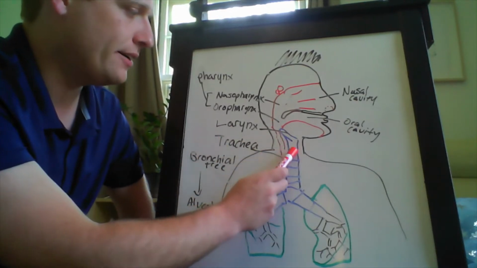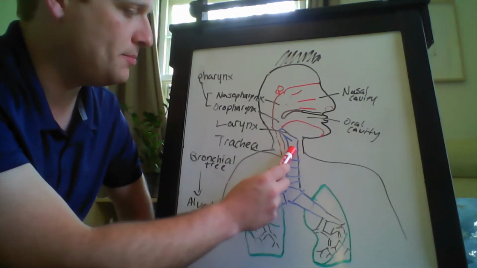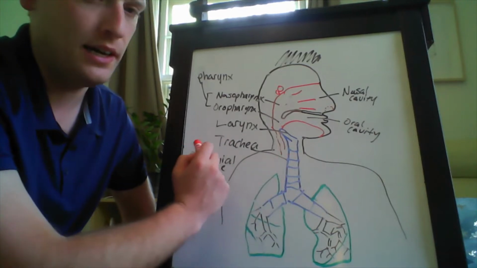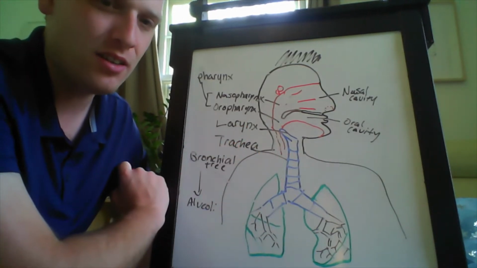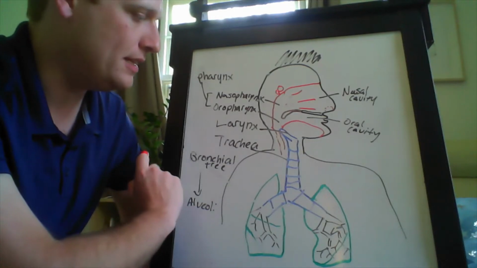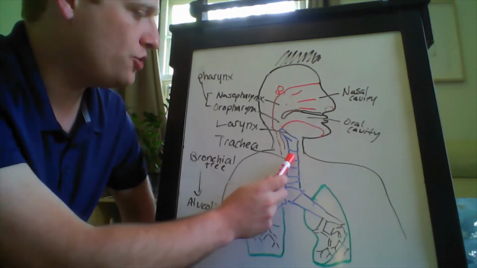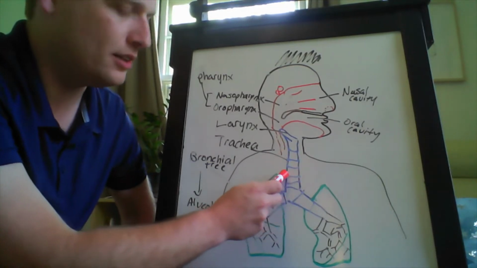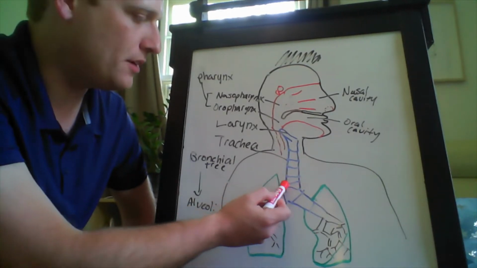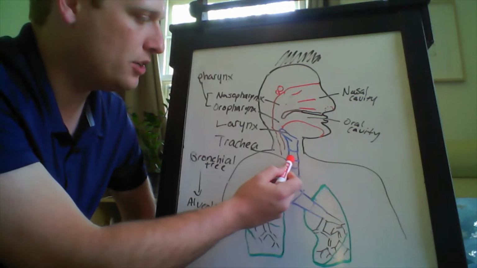On past the larynx is going to be continuous with the trachea. One thing that's important to note about both the larynx and the trachea is there's a lot of cartilage in these structures. In the trachea, you're going to see these rings of cartilage. I've drawn these little lines along the trachea.